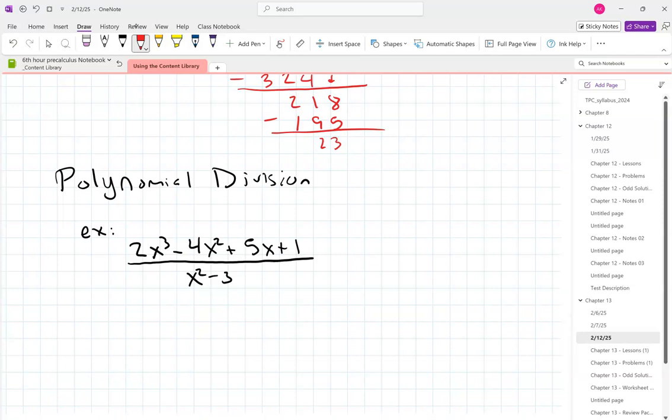So we'll set this up the same kind of way. We'll have the divisor on the outside, and then the dividend goes underneath. But if I look at this, I notice something kind of off about my divisor. What do you notice that's kind of off about that divisor?